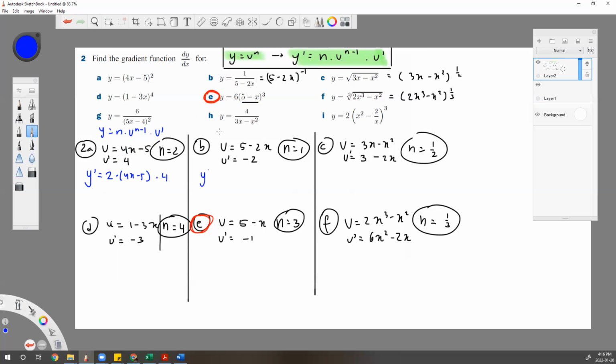Y accent equals, okay, I write it down one more time. And n is 1, no need to write it down. U 5 minus 2x power, I'm sorry, this is -1. Almost. See, -1. So you have to write negative, Tedra. -1 or negative itself, right?